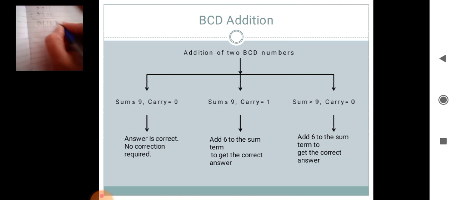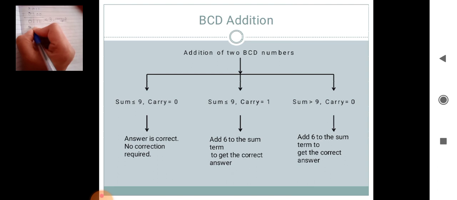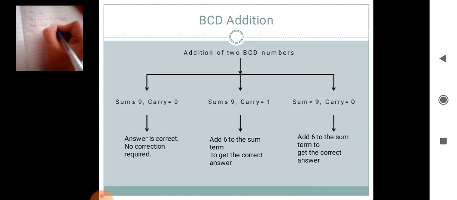1 plus 0 is 1, 1 plus 0 is 1, 0 plus 1 is 1, 0 plus 0 is 0. Now this is the result which is less than 9, and carry is 0. That means first case: carry 0 and sum is also less than 9. So you can see in the slide also, the answer is valid BCD and it is correct.